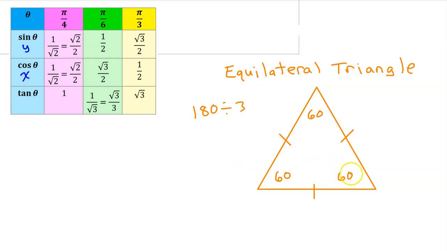Converting over to radians, 60 degrees is the same as pi over 3 radians. So the next time you see an equilateral triangle, I want you to automatically know that each angle is pi over 3.